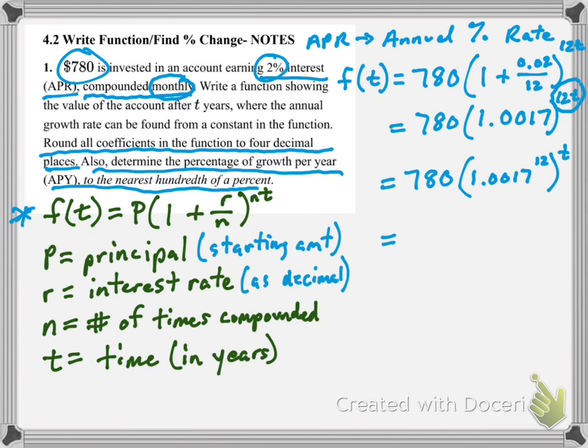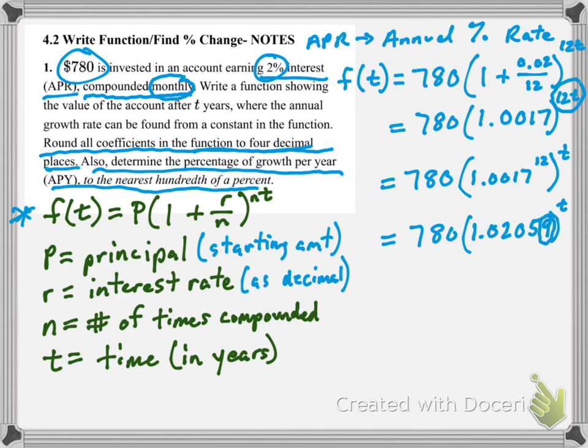Well, now what I can do is I can figure out what 1.0017 is to the 12th power. So I get 1.02059. Now there's more numbers than that, but here's the thing. Remember, 4 decimal places.